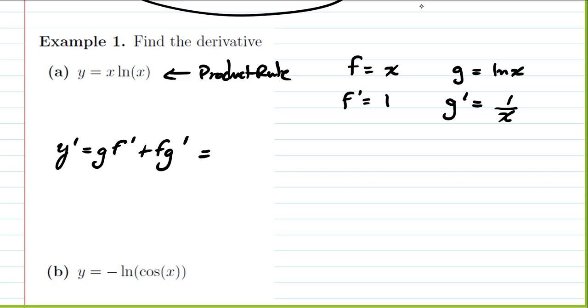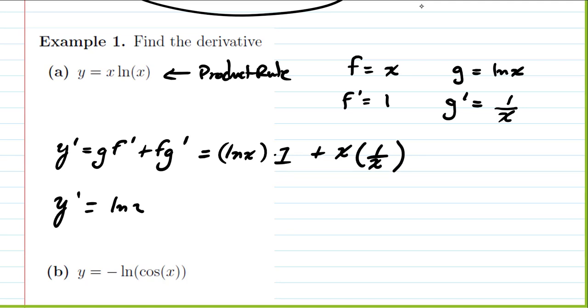So g f prime, the natural log of x, times 1, plus f times g prime, is x times 1 over x. Simplifying, we get the natural logarithm of x plus 1. So our derivative of x ln x is going to be the natural log of x plus 1 via our product rule.